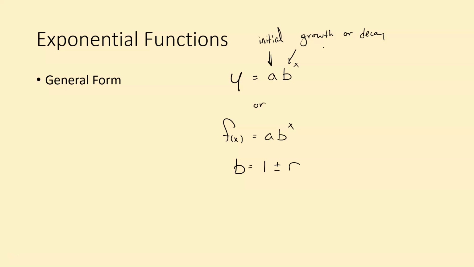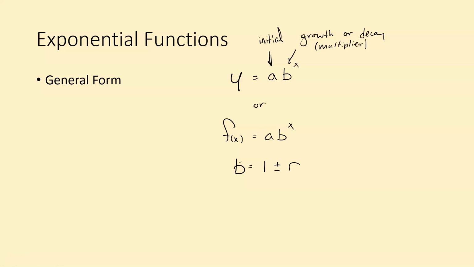You could also think about this as the multiplier, the number we are multiplying by each time. You could also write this in function notation with f of x equals a times b to the x power.